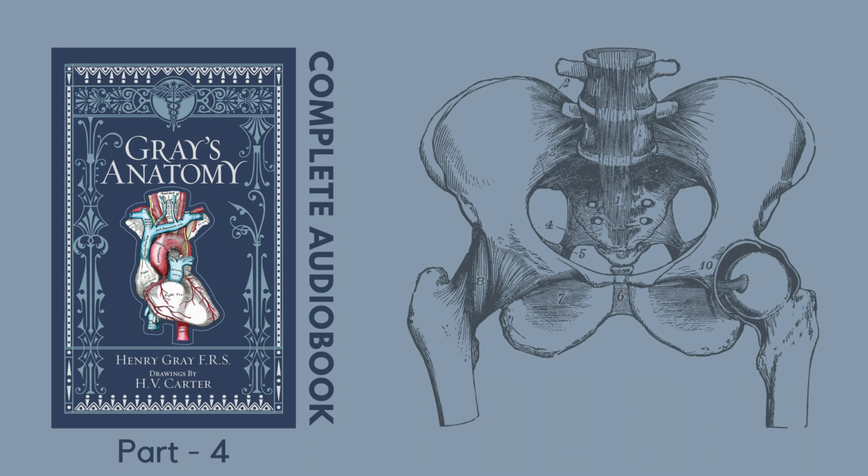Behind the iliac fossa is a rough surface divided into two portions, an anterior and a posterior. The anterior surface, auricular surface, so called from its resemblance in shape to the ear, is coated with cartilage in the fresh state, and articulates with a similar surface on the side of the sacrum.